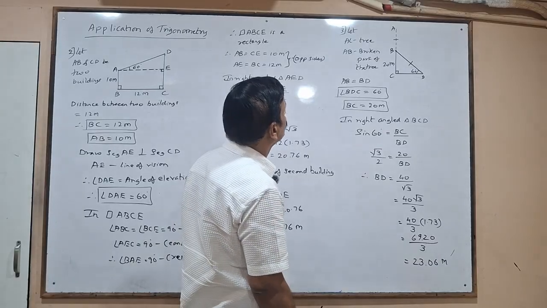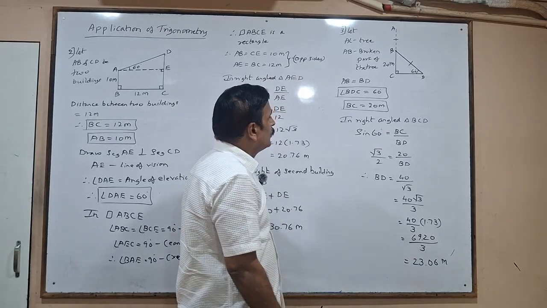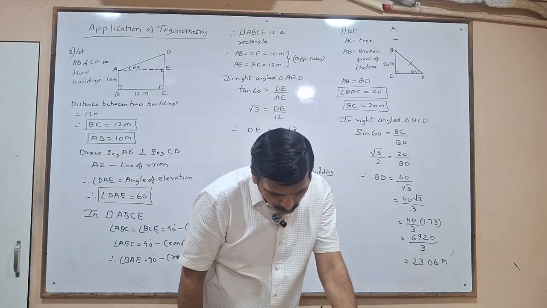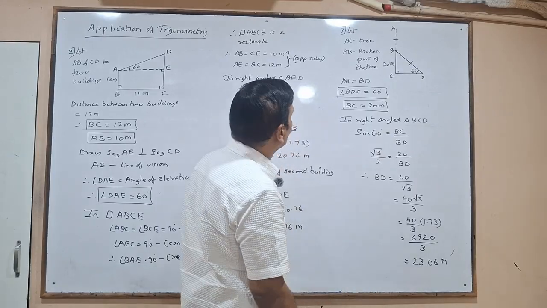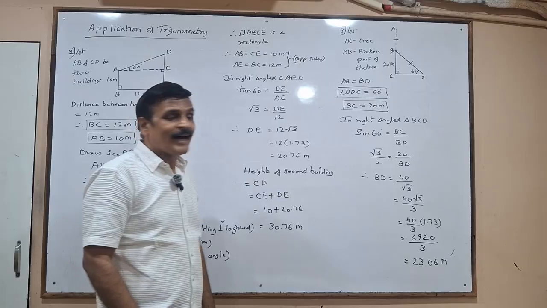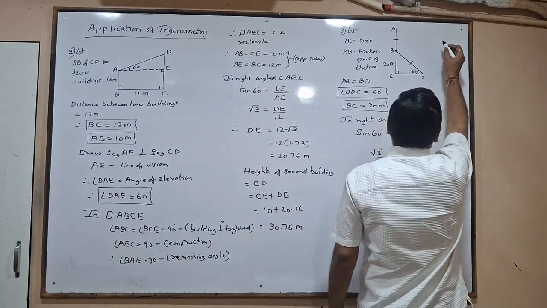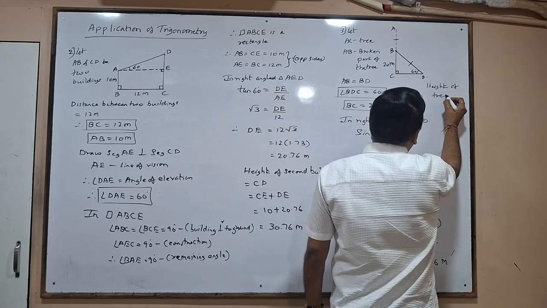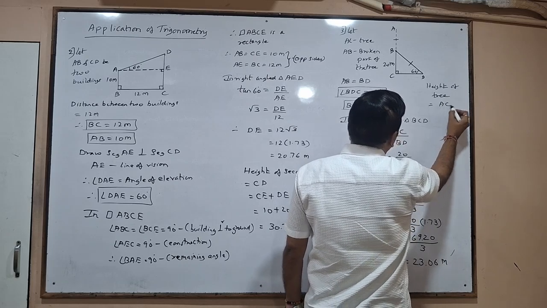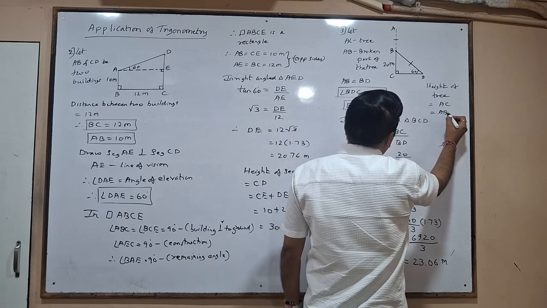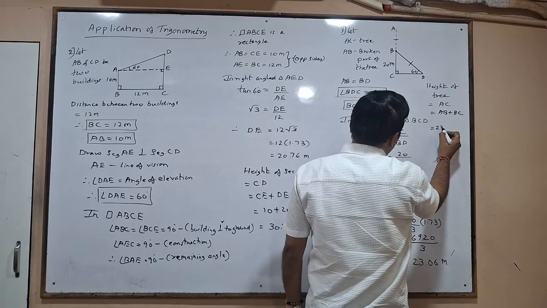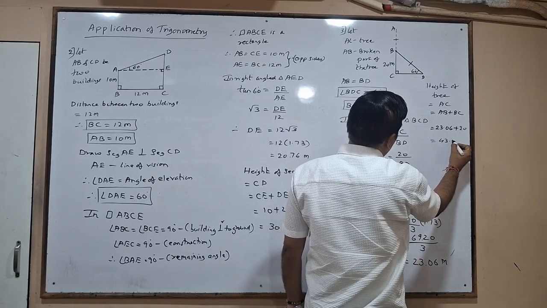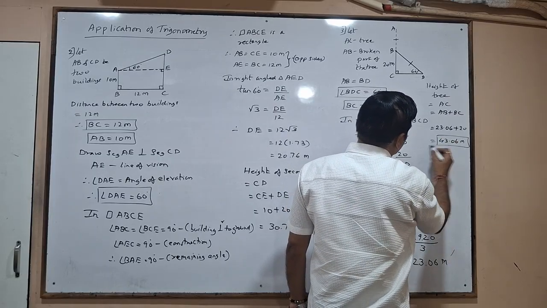We got BD. Okay. Now what we want? We want AC, the height of tree. You can write here. Height of tree is equal to AC, which is equal to AB plus BC, which is 23.06 plus 20, 43.06 meter.